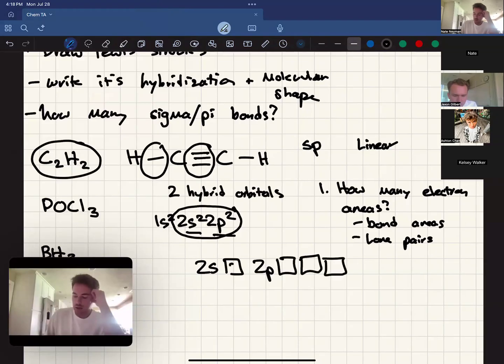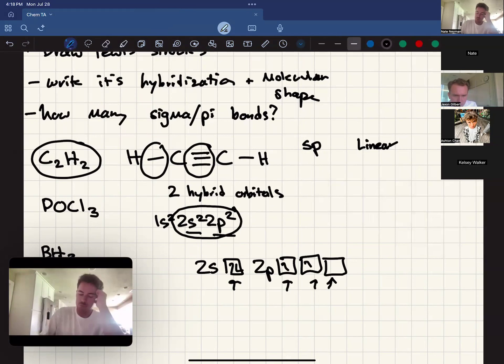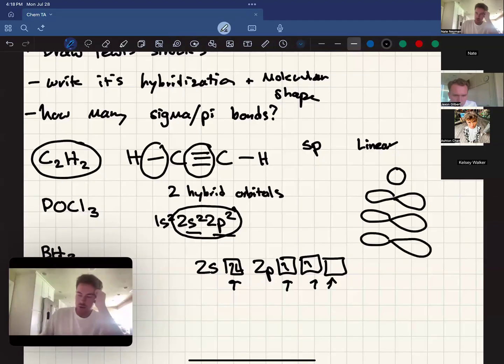So there's four orbitals. Each of these boxes is an orbital. Here's its s orbital, and then it has 3 p orbitals. These are the orbitals that carbon has.